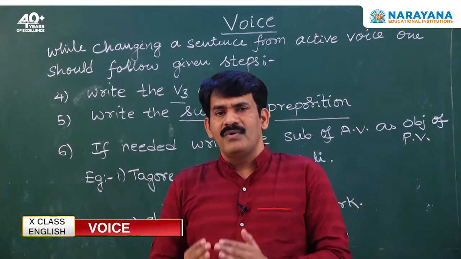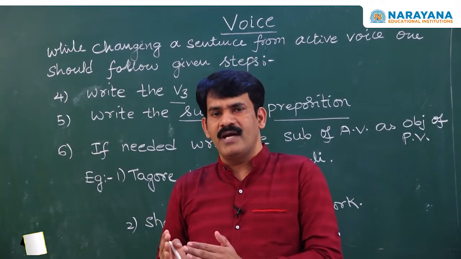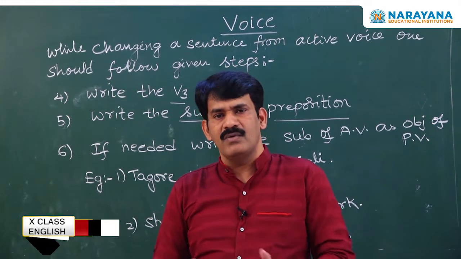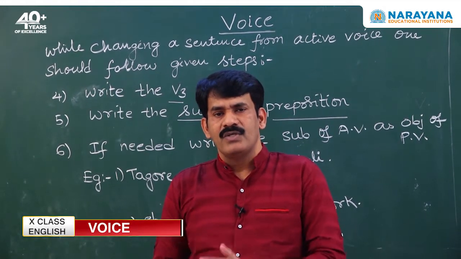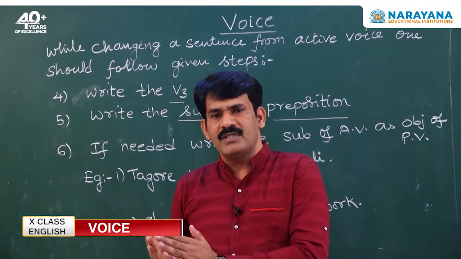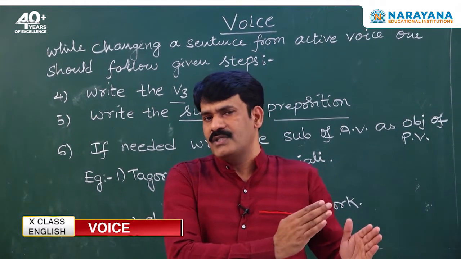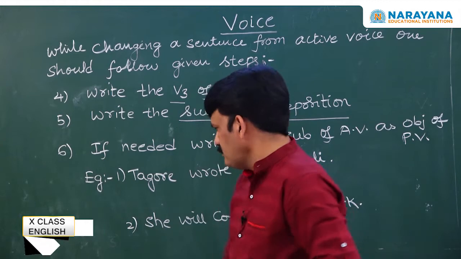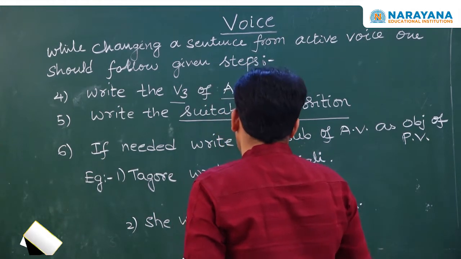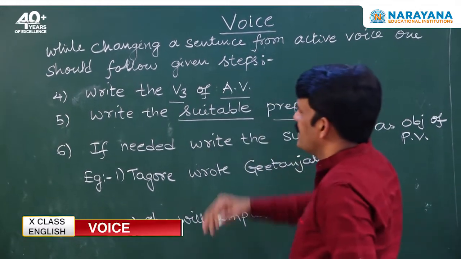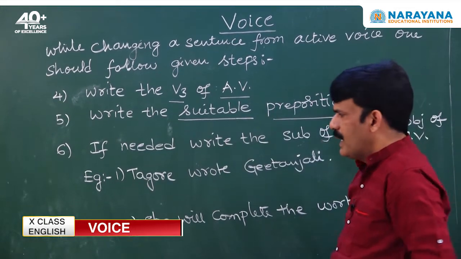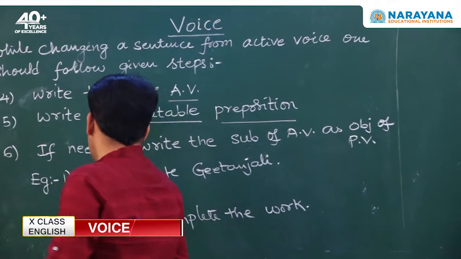If you do not want to rewrite it, you can omit it. Otherwise, you can carry the subject of the active voice and rewrite it as an object of the passive voice. Don't forget it. Based on all these 6 steps, let me show you what to do with 2 sentences as an example.